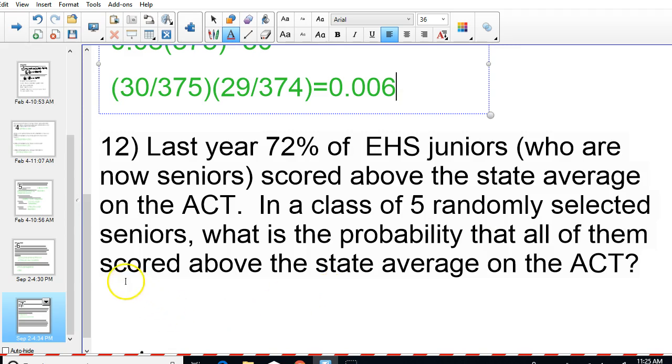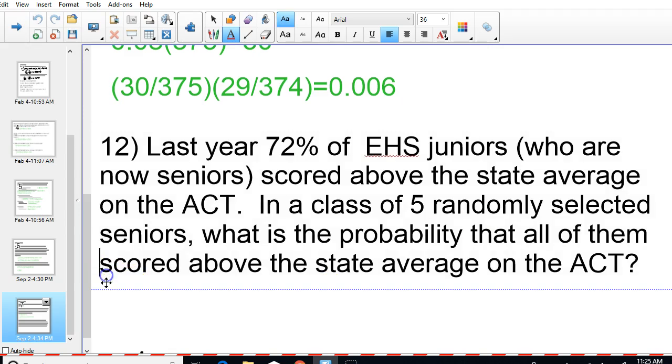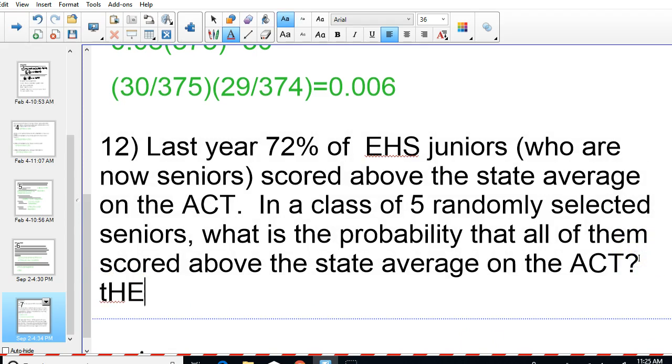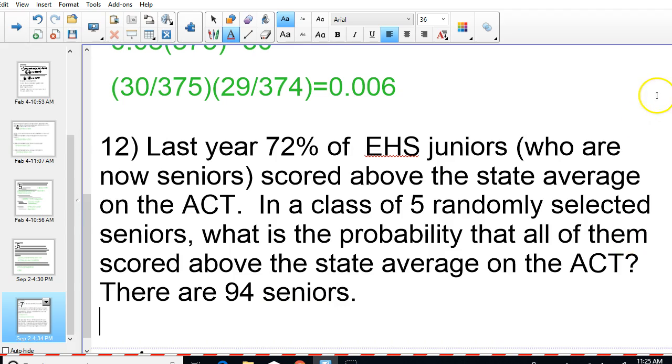That should be information I should have given you though. So let's add that in there. There are 94 seniors. Let's add that in.